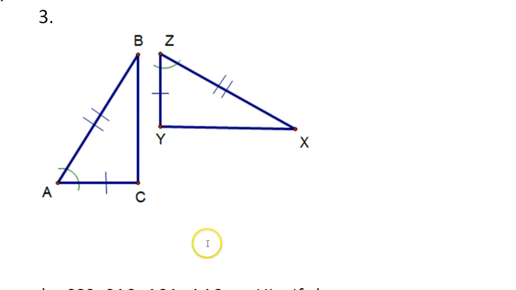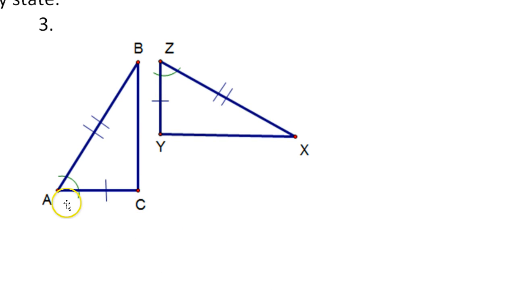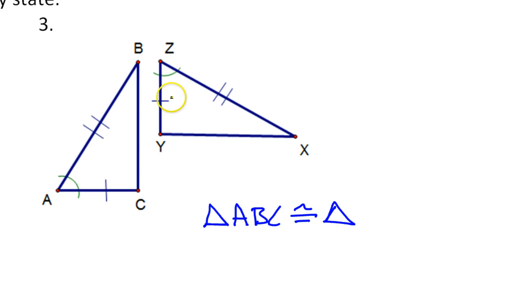Over here, if I want to make my congruency statement for triangle ABC, triangle ABC is congruent to... Angle A is nicely marked for us with this green mark, and clearly that matches angle Z, so that goes first.